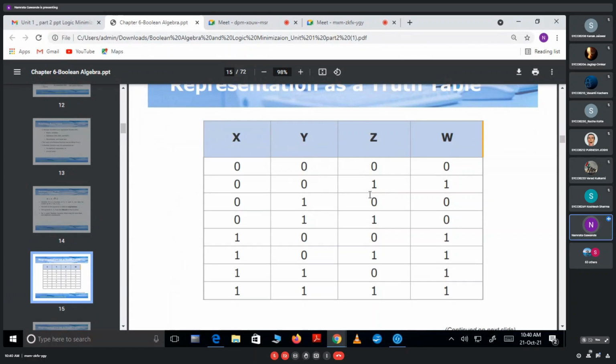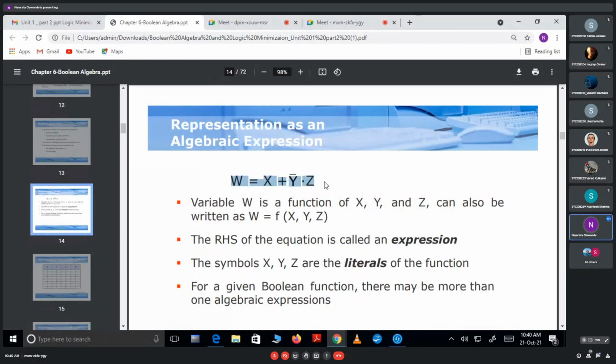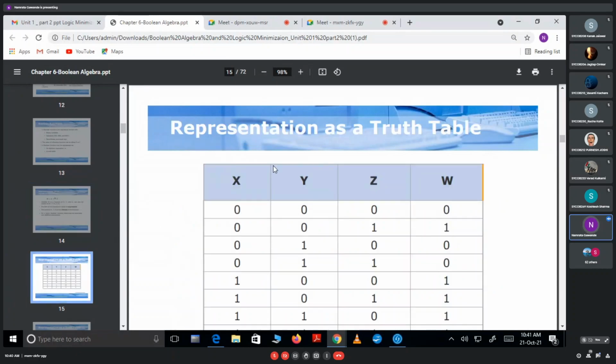In this particular truth table, there are three literals X, Y, Z and W. This truth table is written for this particular equation, and W will provide the result X plus Y bar dot Z. There are three literals, which means three inputs will be required, so in the truth table you can see X, Y and Z. If there are three variables, how many rows will be required to calculate the result? 2 raised to power 3.